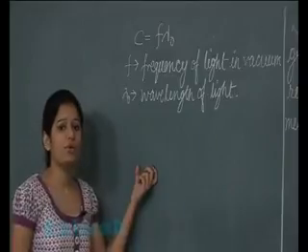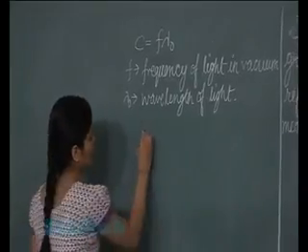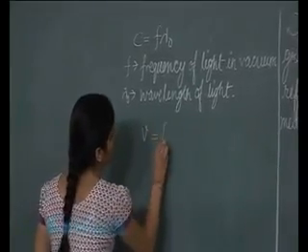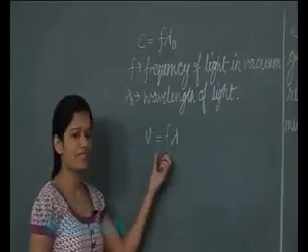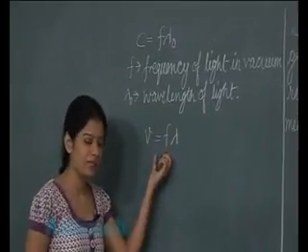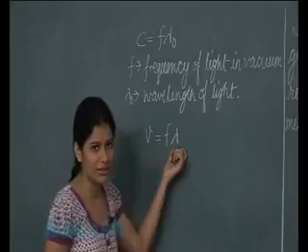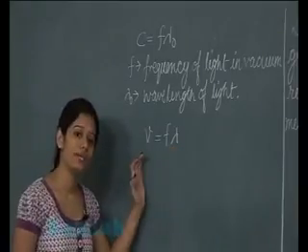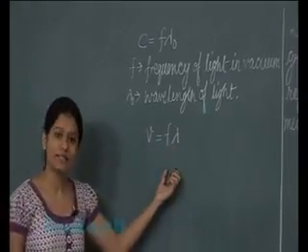Now student, we know the speed of light in medium is v, which is equal to f lambda, where f is the frequency of light in medium and lambda is the wavelength of light in medium. When light goes from one medium to another, its frequency doesn't change.